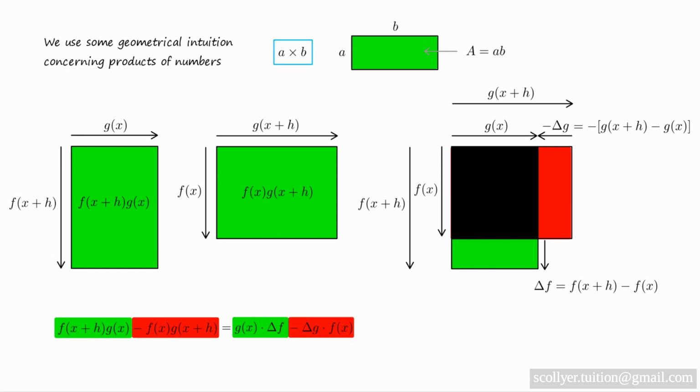Or more precisely, it is the negative of the red area, since we are subtracting it. And we can expand those quantities in full as g of x into f of x plus h minus f of x, minus g of x plus h minus g of x, all times f of x.